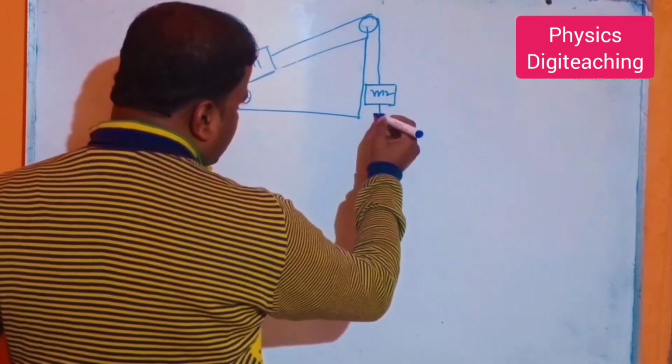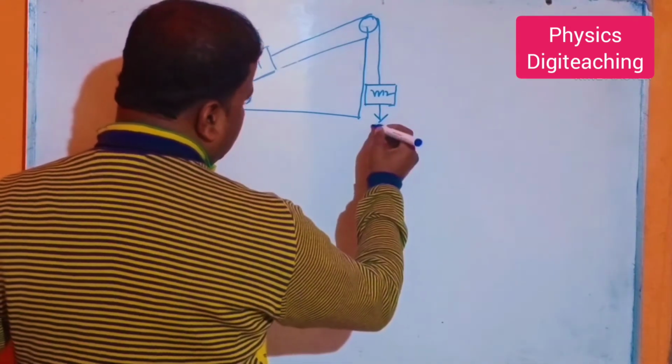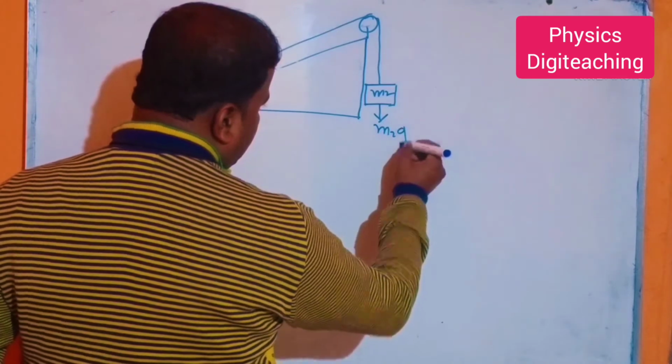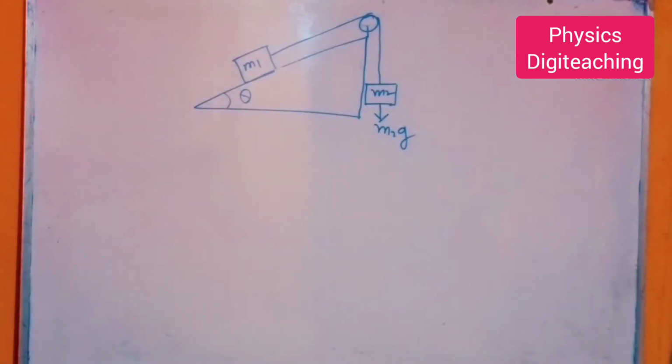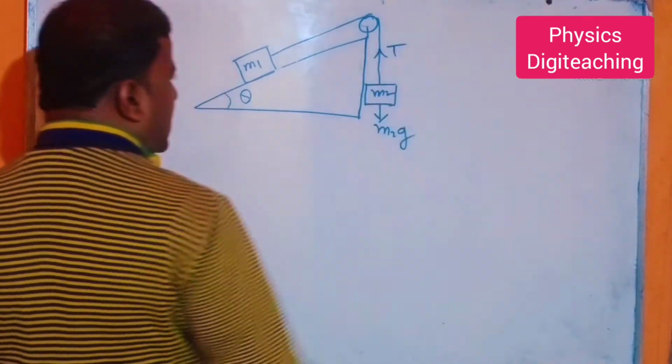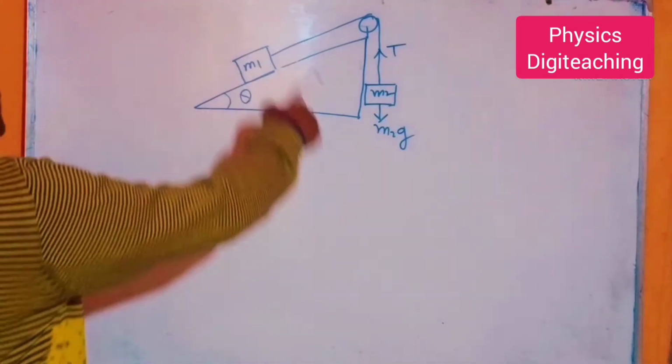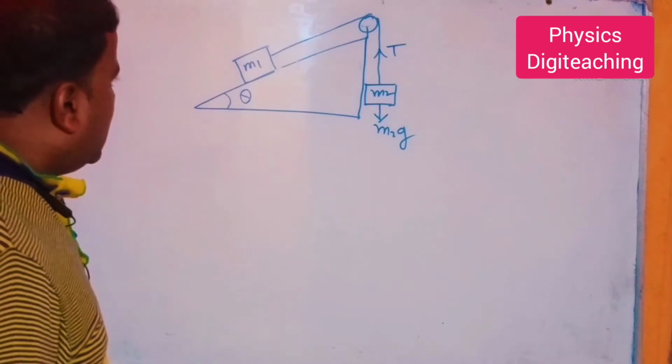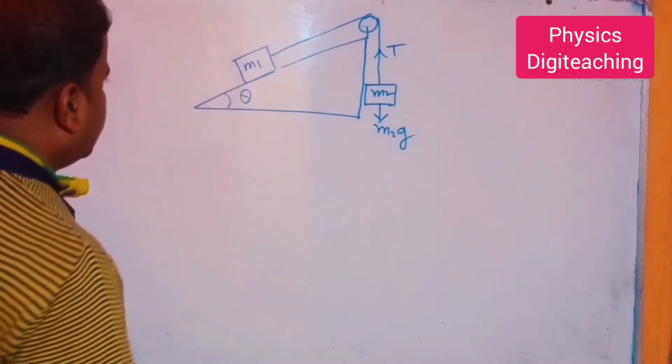The force, here weight m2g acts vertically downward. T is the tension, acts vertically upward. Here on the mass m1 there are also two forces.